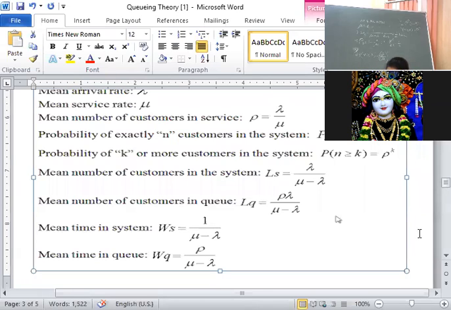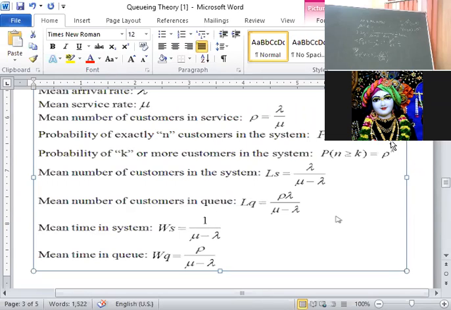But ma'am, when we use this formula, the system counts the customer who is being served and the customers who are waiting. Ashish, I will tell you the difference. Listen. These two formulas are meant for system.